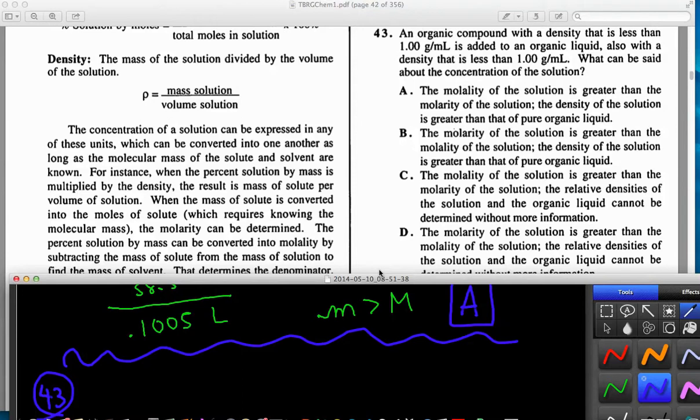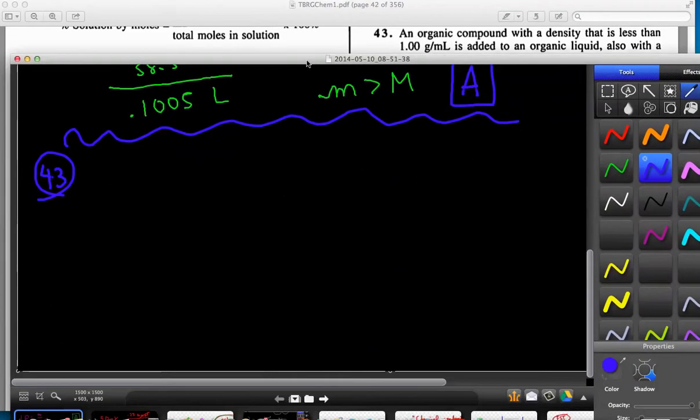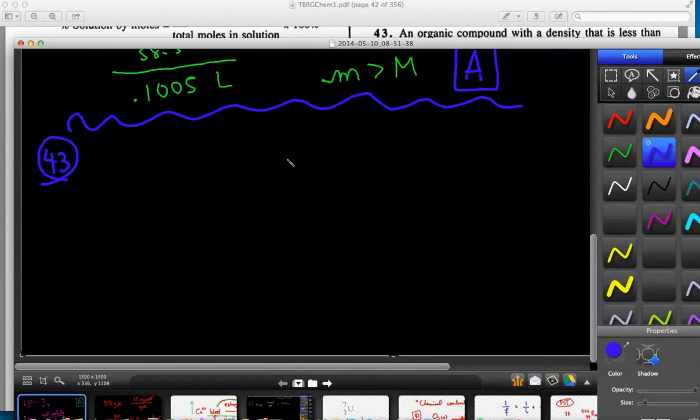So again, we're comparing molarity to molality, but the density is going to be less than 1. Let's think about this for a moment. So let's say that the density is 0.9 grams per milliliter.